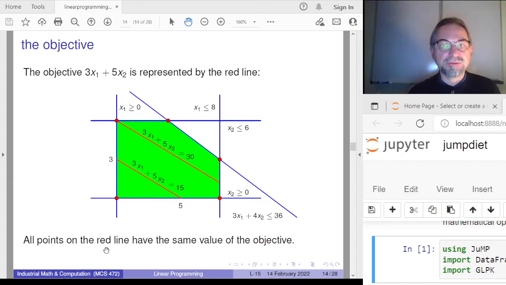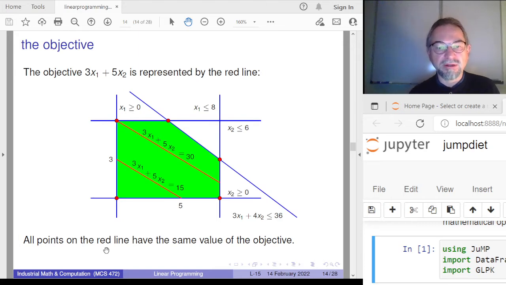What I'm trying to do with this slide is appeal more to economic common sense. So I hope that one sees that there is a trade-off. If you want to produce only one of the two and you want to keep the profits the same, then you should stay on the red line.